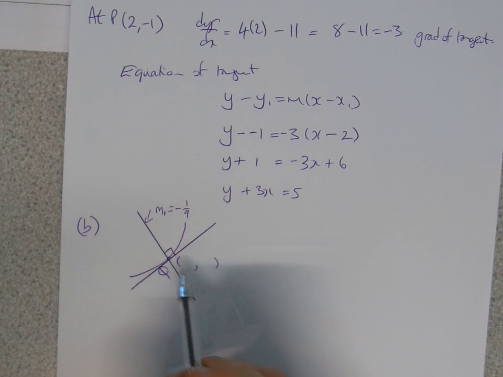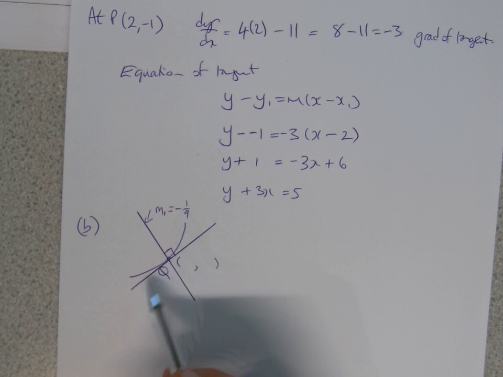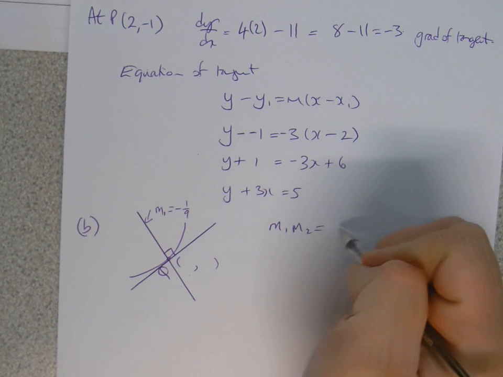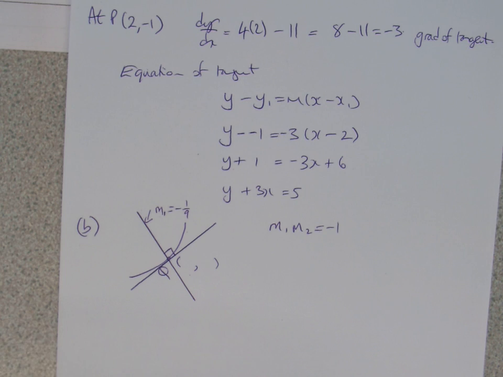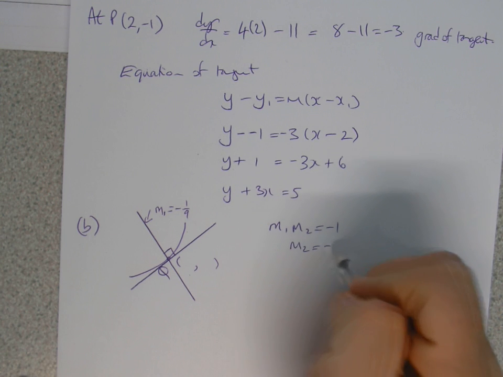Now, if we know the gradient of the normal, which is minus a 9th, we can actually work out the gradient of the tangent. Because it's perpendicular, you can use this rule where multiplying the gradients together gives you minus 1. So to get the second gradient, the one that's perpendicular to it, you just divide by m1.